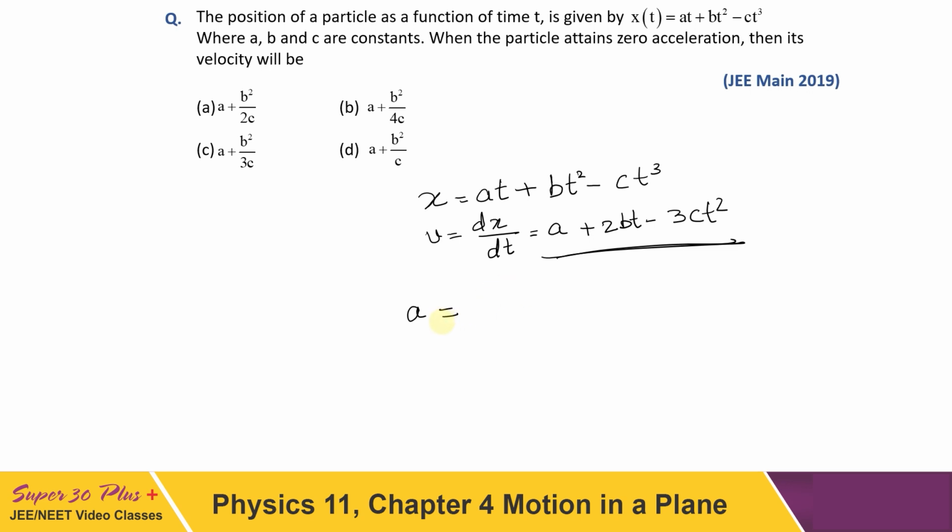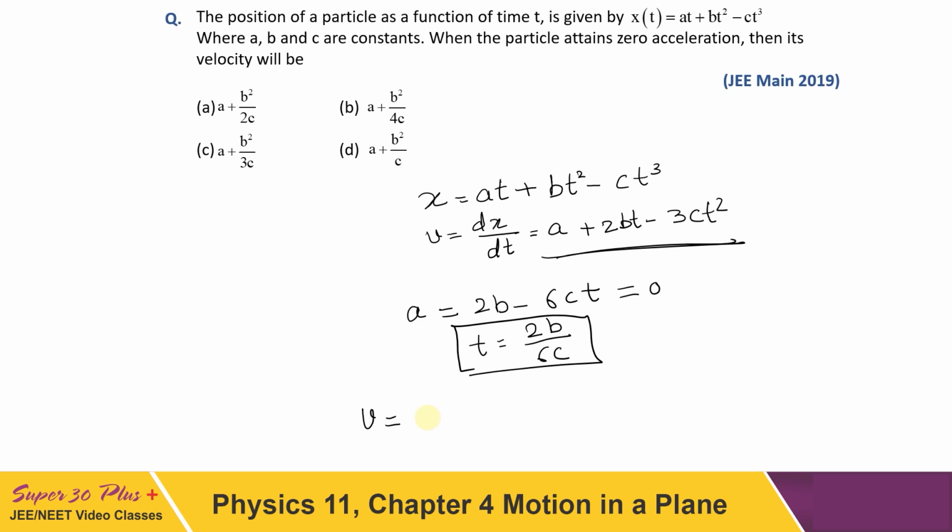So first let us calculate acceleration and then equate it to 0 to get the time which is desired here. So acceleration will be equal to, now we have to differentiate this again, that is 2b minus 6ct. If we equate it to 0, t will be 2b upon 6c. This is the value of t we have to substitute in the expression for velocity.